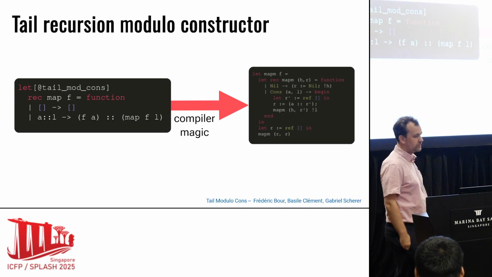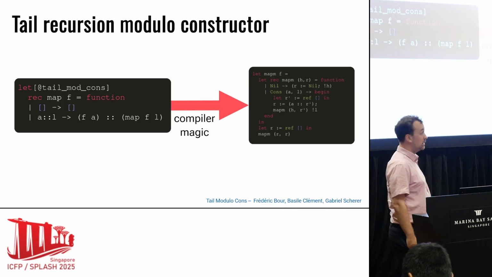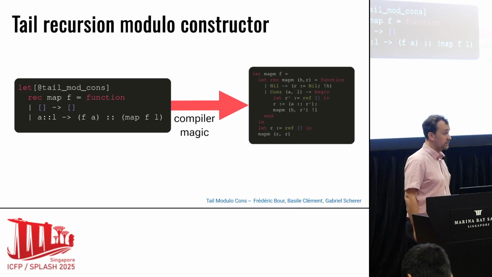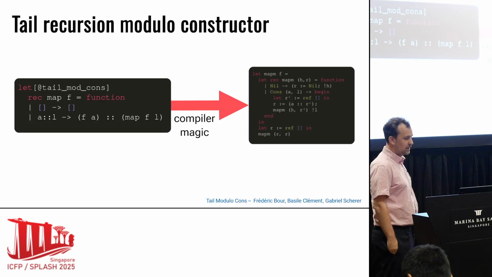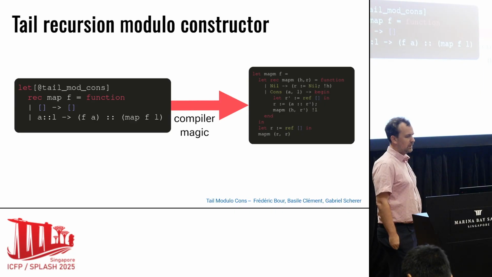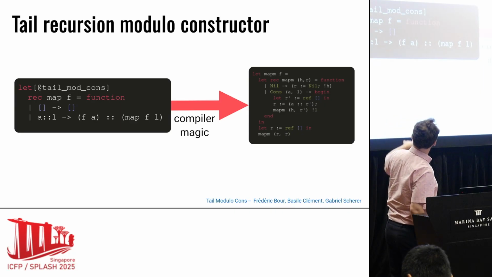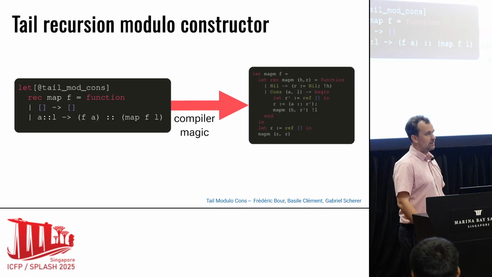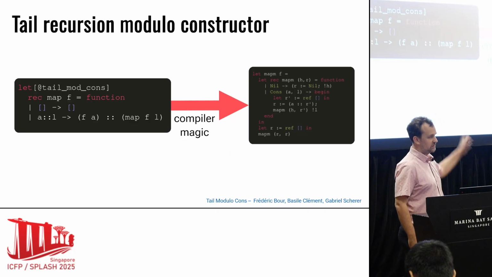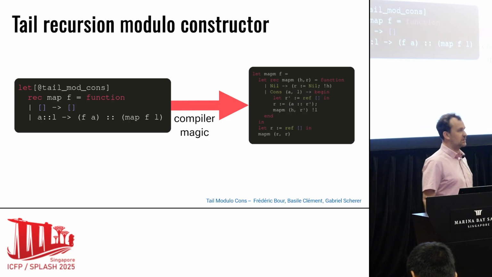Okay, so one solution that exists today in OCaml, there's all OCaml code so far, by the way, but if you are into Haskell, there's a few Haskell slides at the end. Is to add this tail modulo cons annotation on map, and the compiler magically compiles it to the Java version, kind of.